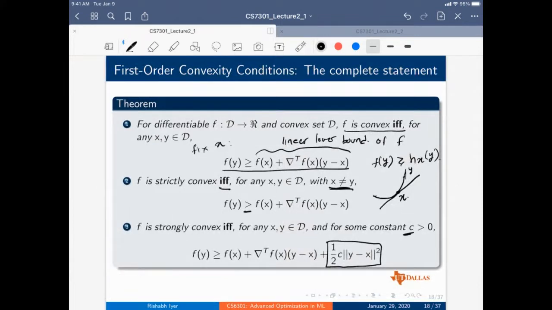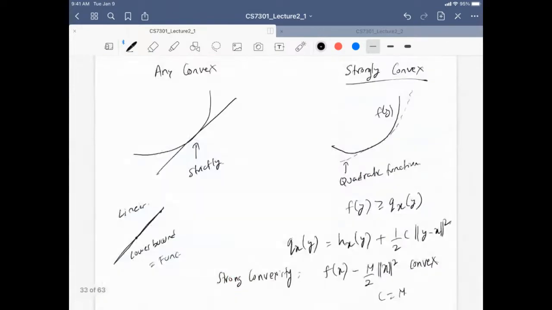No, the intuition is the same. All we are saying over here is that when we subtract this mu by 2 x square, we are still convex. So this means that it is somehow larger than this when you look at the first order condition.